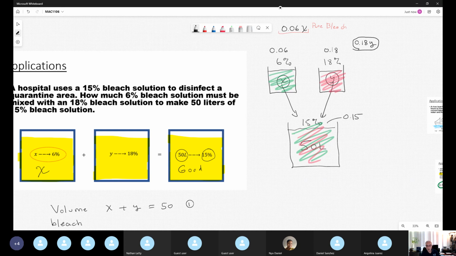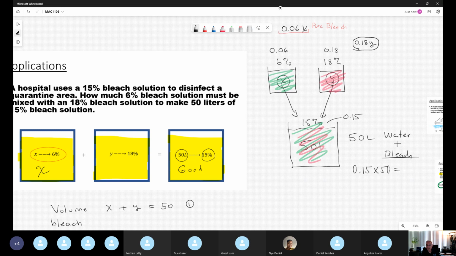And what about the pure bleach here? Because we have 50 liters, but 50 liters is water plus bleach. But I want pure bleach because my second equation is pure bleach. It's easy. You multiply 0.15 times 50 and that gives me the liters of the pure bleach. I put in my calculator 0.15 times 50.